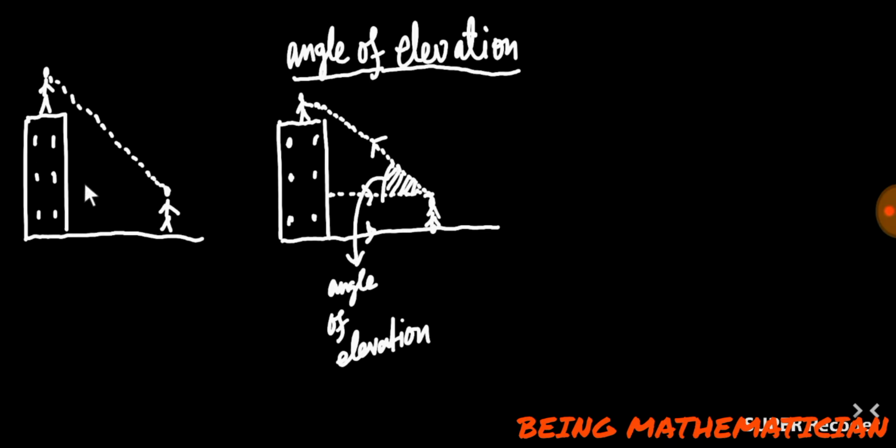In the same way we can imagine a line which is parallel to the horizontal line, and the angle between the lines is also called the angle of elevation.